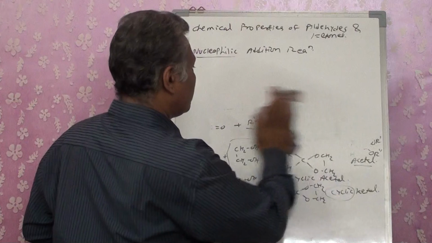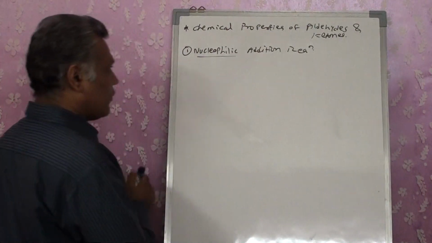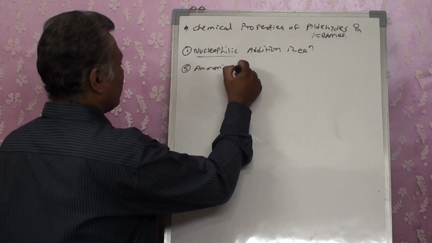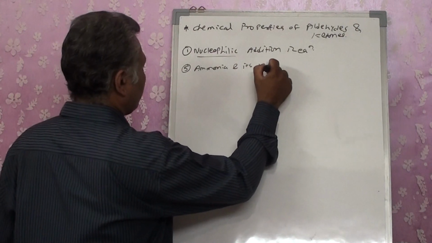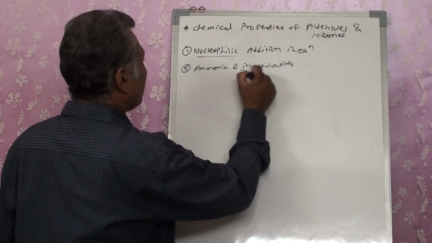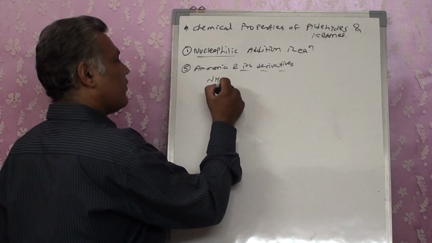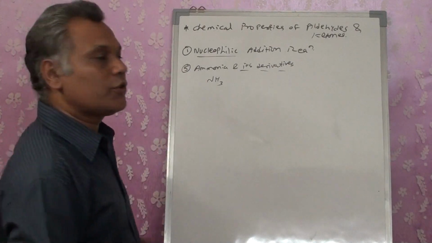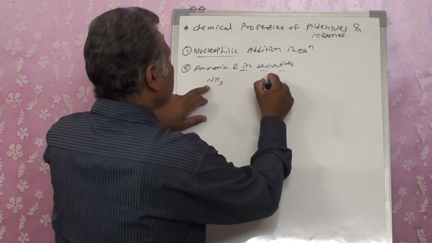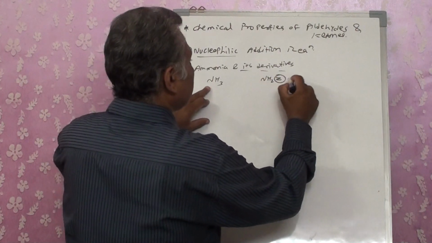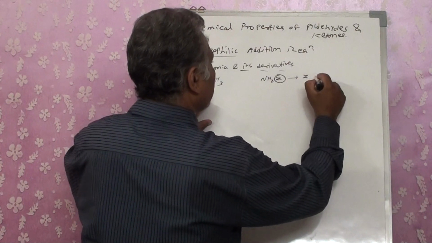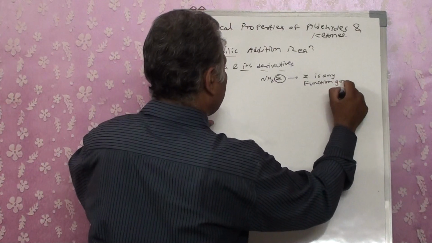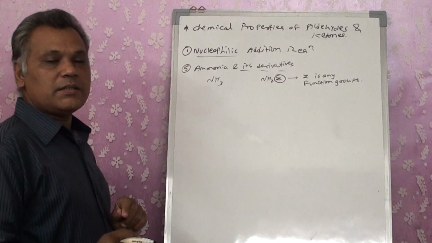The fifth nucleophilic addition reaction is with ammonia and its derivatives. Ammonia and its derivatives means if we have NH3, and one of the hydrogens of NH3 is replaced by some other functional group, then we consider it as NH2Z. Z is some functional group.